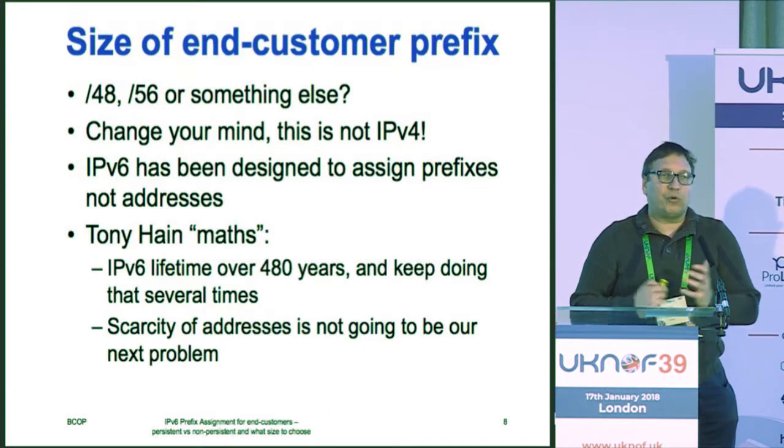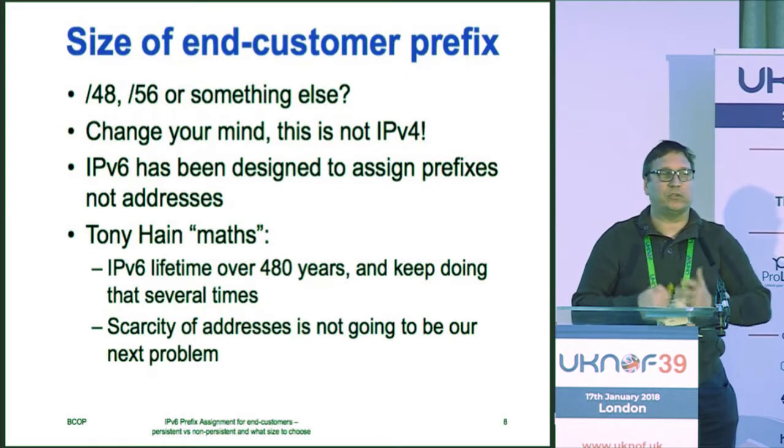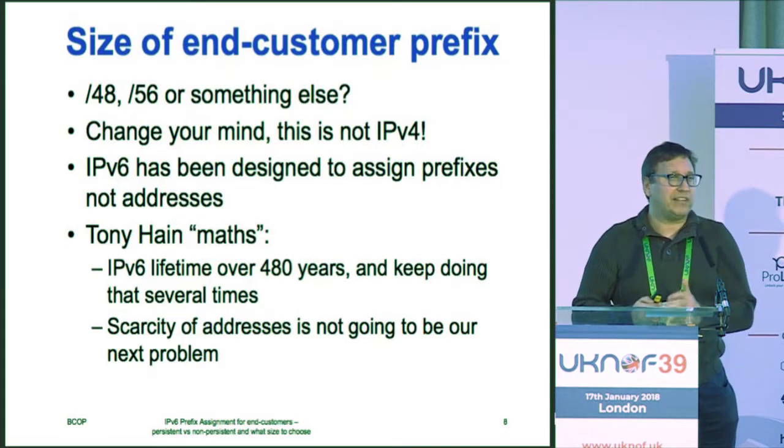There is always this discussion: if we allocate /48 to every possible human on Earth during the next 25 years, how many years can we keep doing that? There is a math that was done by Tony Hain a long time ago that basically said you can do that for many, many hundreds of years, probably in the worst case 480 years, which is more than enough.